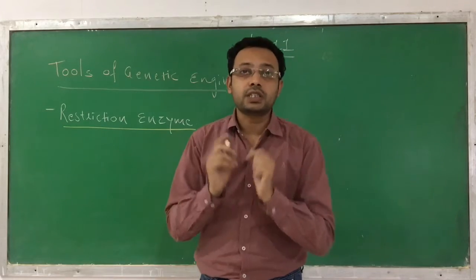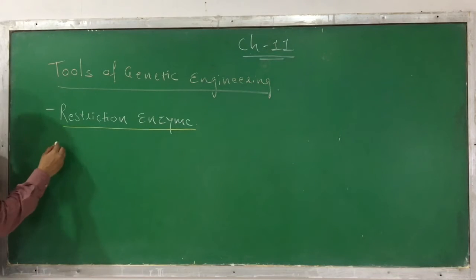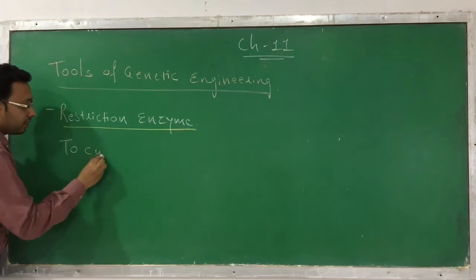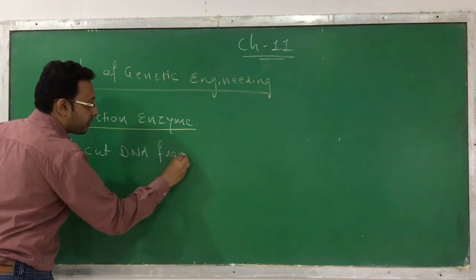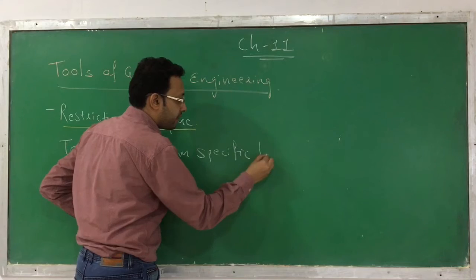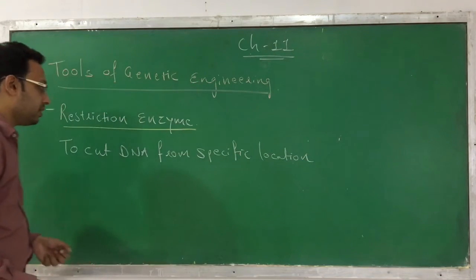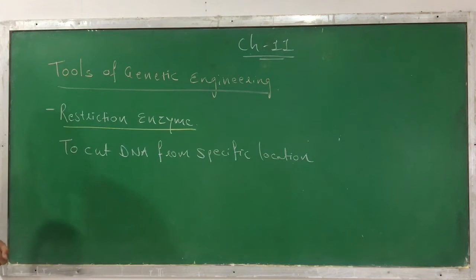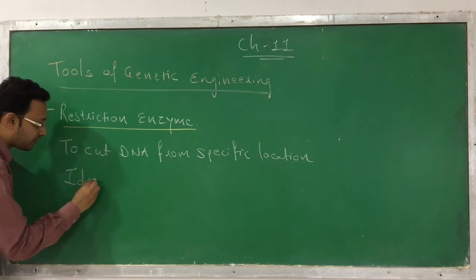So what are restriction enzymes? Restriction enzymes are meant to cut the DNA from a specific location. How does it decide the specific location?